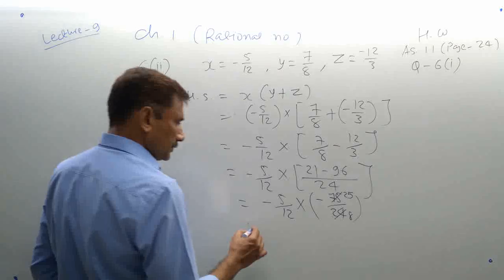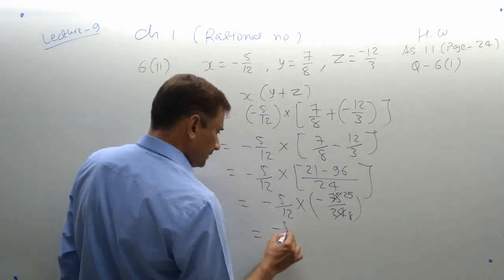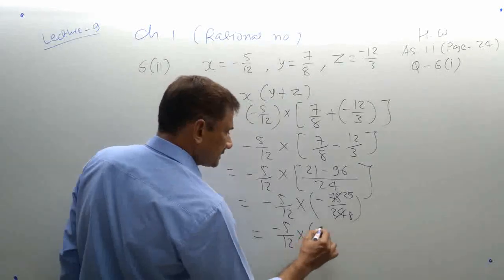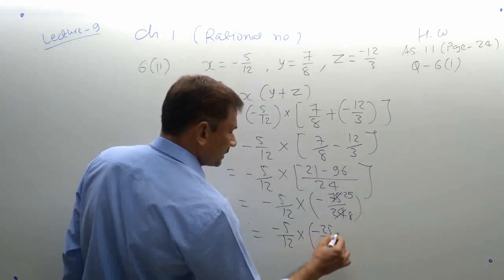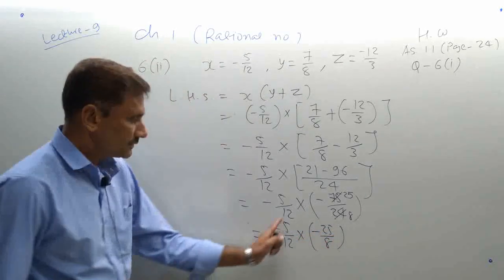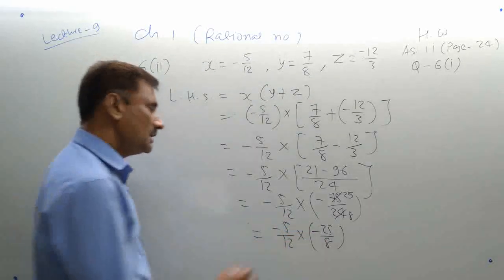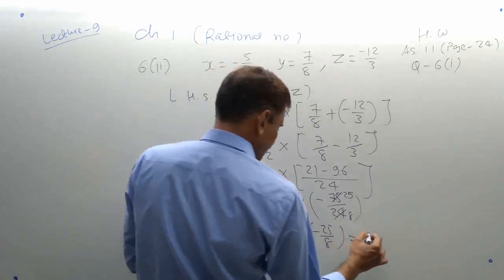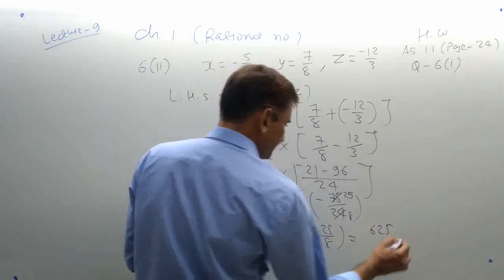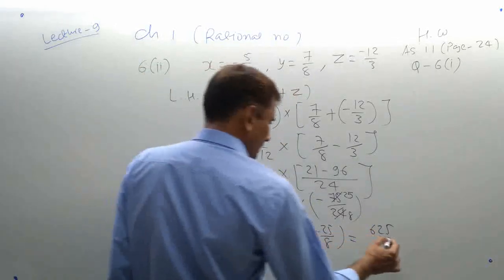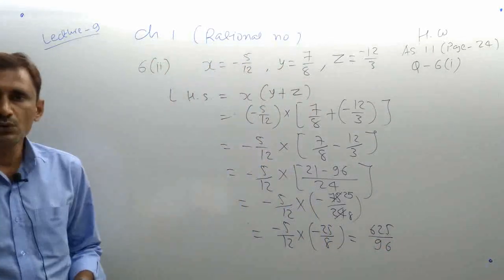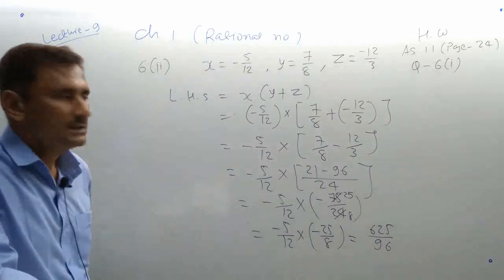So it will be minus 5 upon 12 into minus 25 upon 8. Now nothing can be done because no further cancellation is possible. So just multiply them. First negative negative, that means minus minus plus, 25 5s are 625, 12 8s are 96. So this is the left hand side.